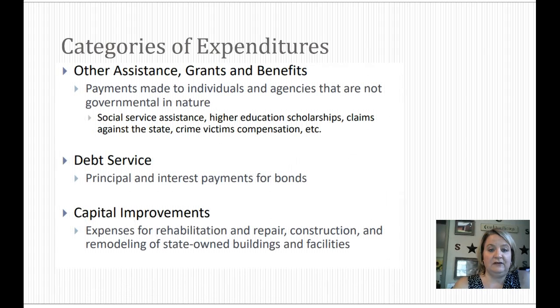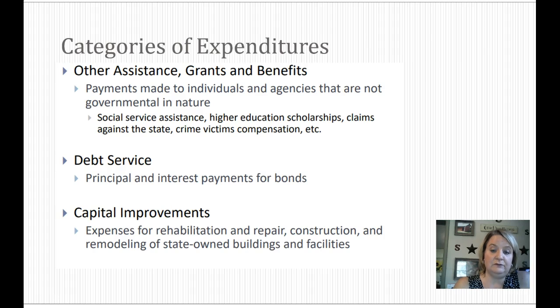Other assistance, grants, and benefits. Payments made to individuals and agencies that are not governmental in nature. Social services assistance, higher education scholarships, claims against the state, crime victims compensation, etc. Two things on here that do coincide with our Department of Corrections: claims against the state and crime victims compensation.